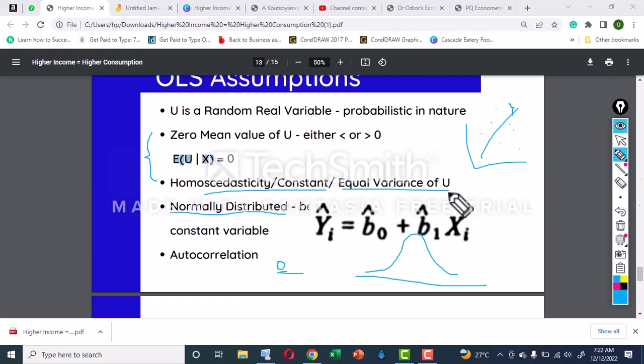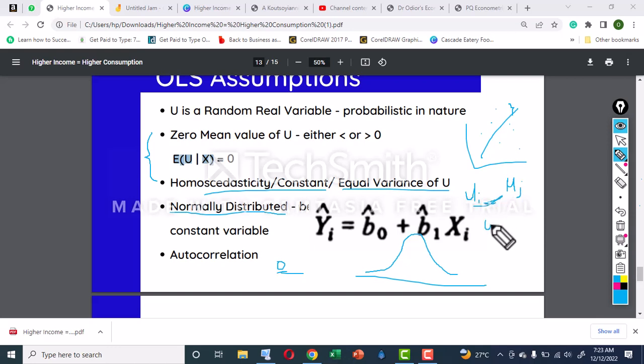Then the next one is that it must lack autocorrelation. There must not be autocorrelation between the distribution. Autocorrelation simply means that there should not be a correlation between a particular error term and another successive error term. If we have an error term u_i and another error term u_j, there should not be a correlation between these two error terms.